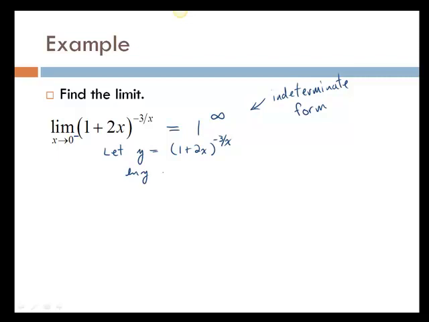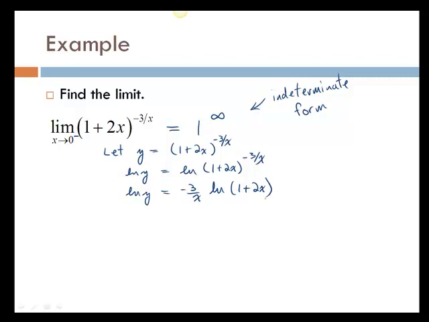So we're going to say the natural log of y is equal to the natural log of this expression, 1 plus 2x, that whole quantity, raised to the negative 3 over x. And the reason we want to do that is we want to use the log rules to get our hands on this negative 3 over x. So we get the natural log of y equals negative 3 over x times the natural log of the quantity 1 plus 2x.